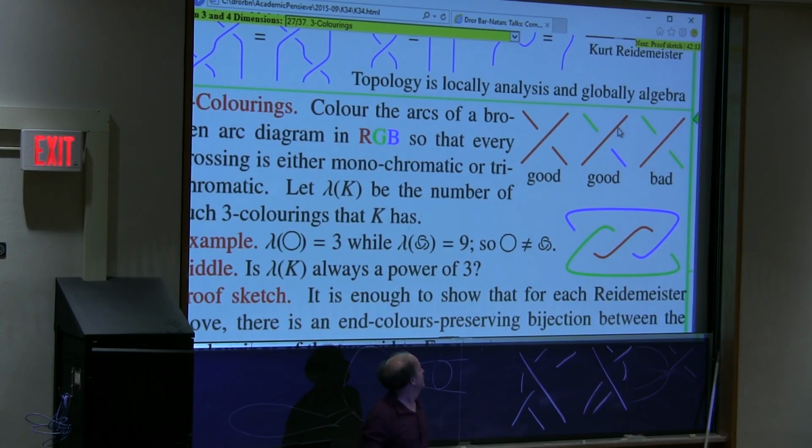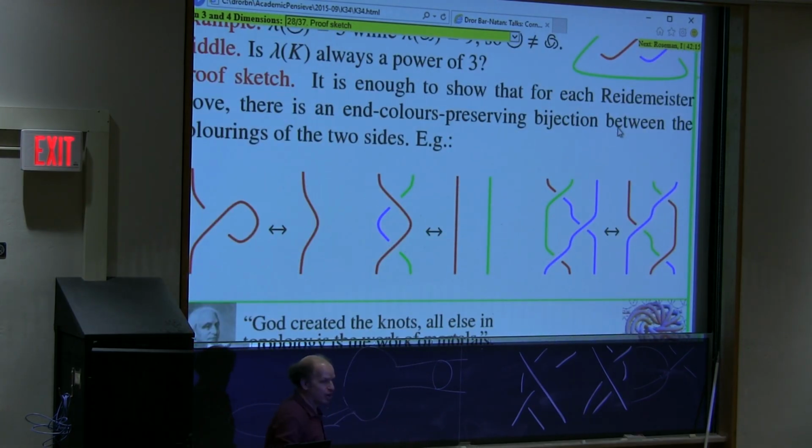Okay? So I still have to show you that the number of 3 colorings does not change under Reidemeister moves. But that's not very hard. You see, for the Reidemeister 1 move, how do I do that? The point is I try to do it locally.